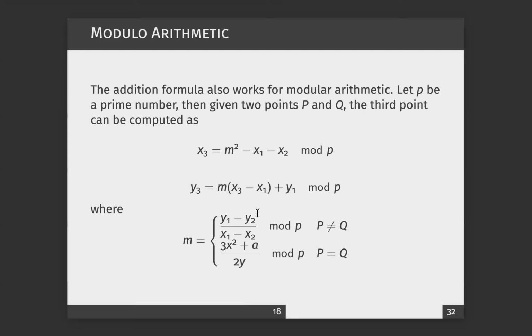So if you get the third point, you just get the modulo of some number P. Since you let P be a prime number, then given 2 points P and Q, the third point can be computed as follows. Just do this operation and then get the modulo P. Okay, and the same goes for Y, where M is defined to be this one here. So that's modulo.